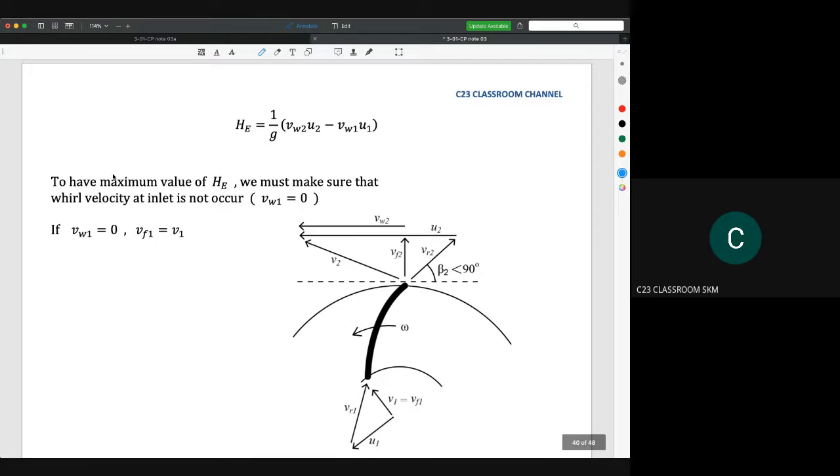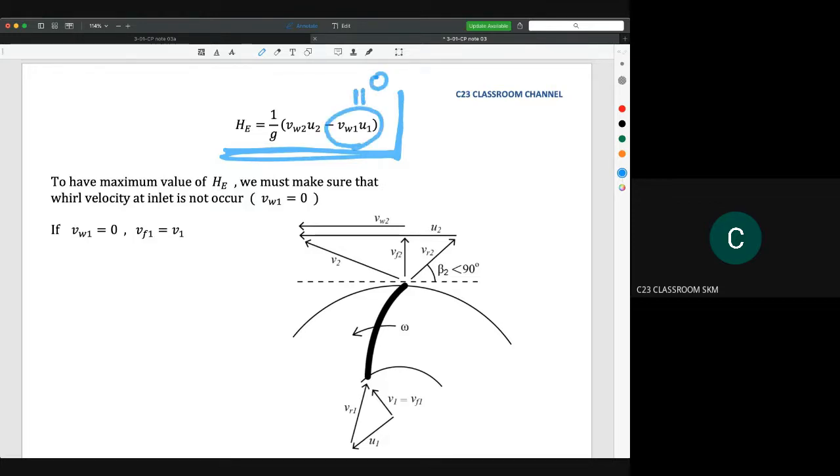After we know that this is the Euler head, engineers will do something to make sure that we have a good Euler head, meaning the maximum Euler head. The maximum Euler head can be achieved if we make this term equal to 0.